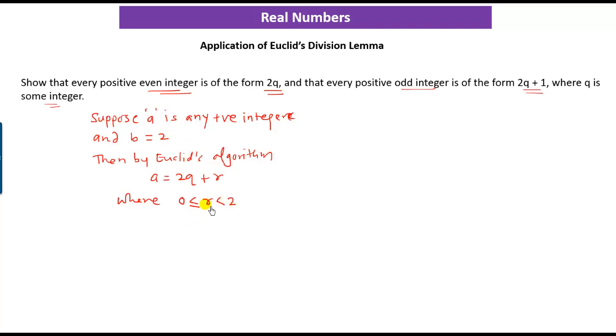It means r is equal to 0 or r is greater than 0 but less than 2, and therefore r can be equal to 0 or 1.